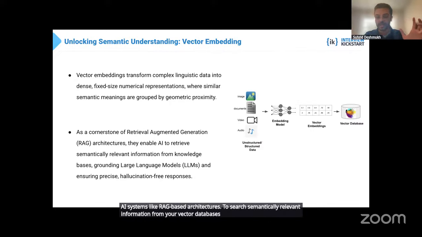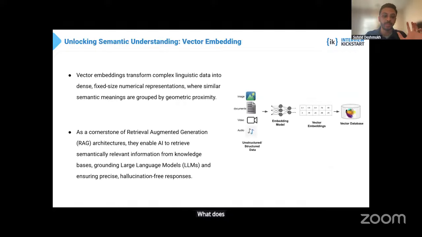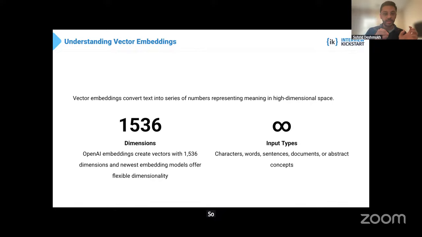What does semantic meaning mean? We'll take a look at that a little bit later. So vector embeddings, again, as I mentioned, convert your text into numbers that represent the meaning associated with that text.